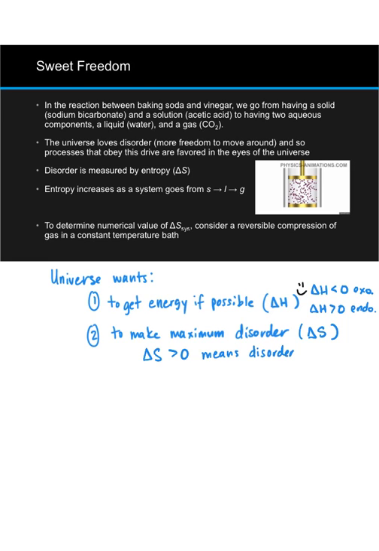When delta S is greater than 0, we say that disorder is increasing. And in the eyes of the universe, this is favorable. Conversely, when delta S is negative, when it's less than 0, that means that disorder is decreasing, or things are becoming more ordered.